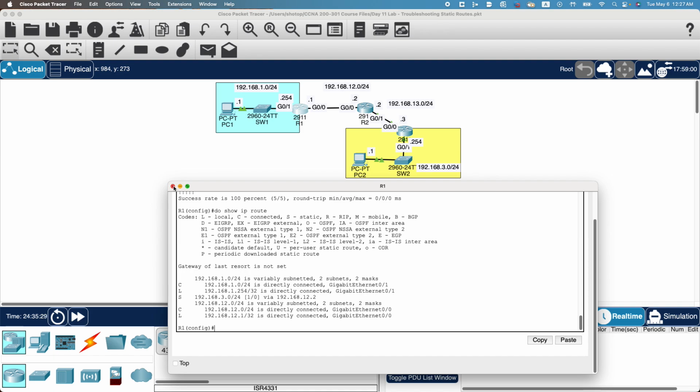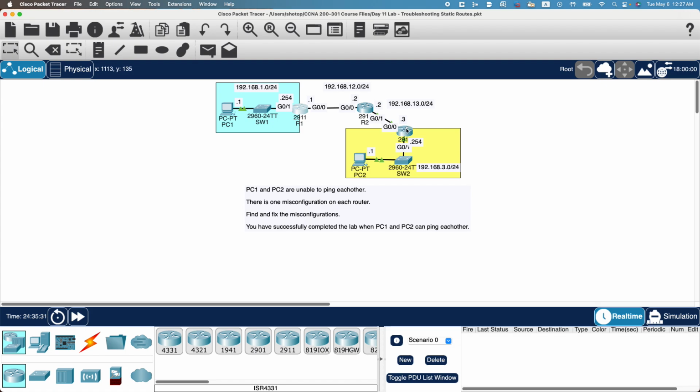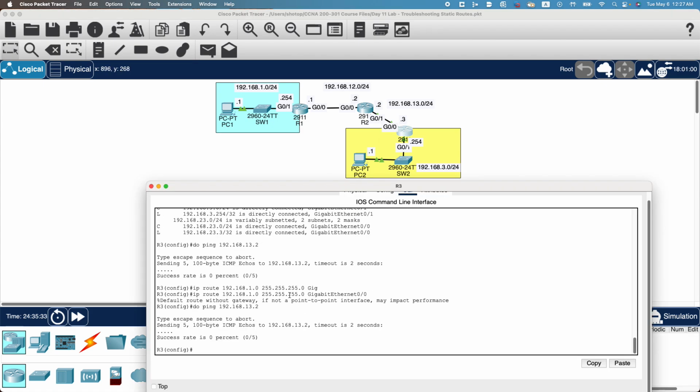Now, the question is how. I'm going to Google Cisco router, how to reset a directly connected route.